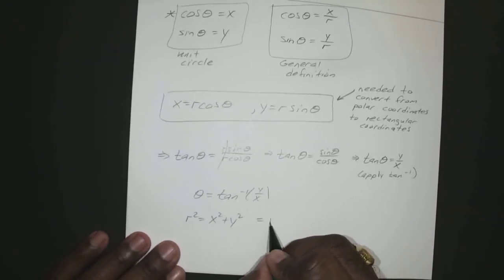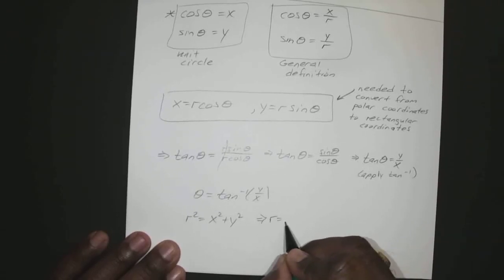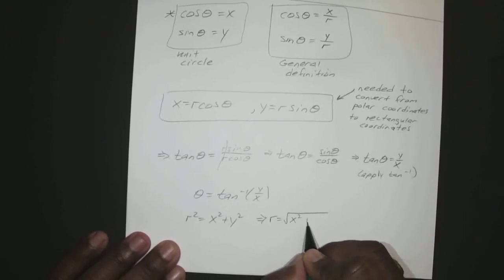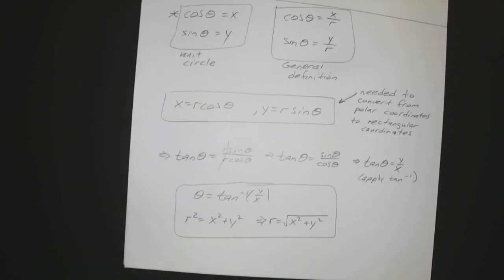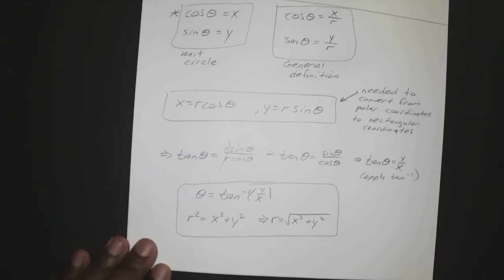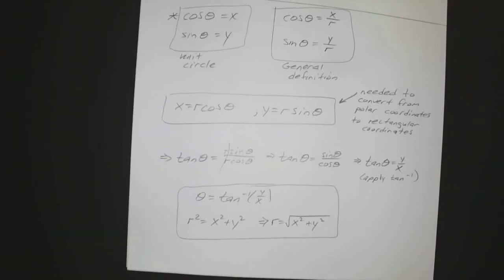Which is also your radius is the square root of x squared plus y squared. And these are what you would need to convert from rectangular to polar. Okay, so you use a different set of formulas depending on what you're converting to.